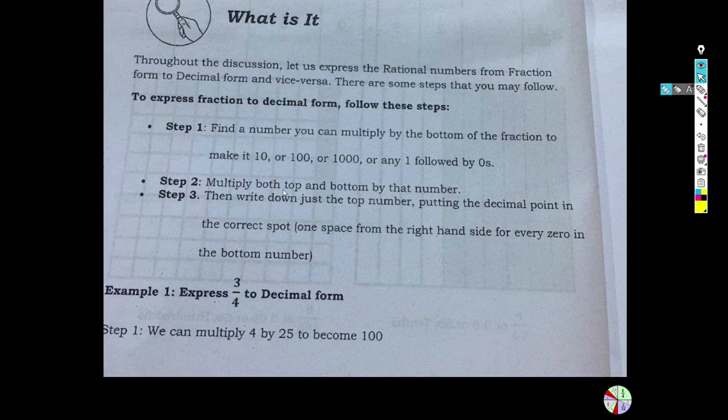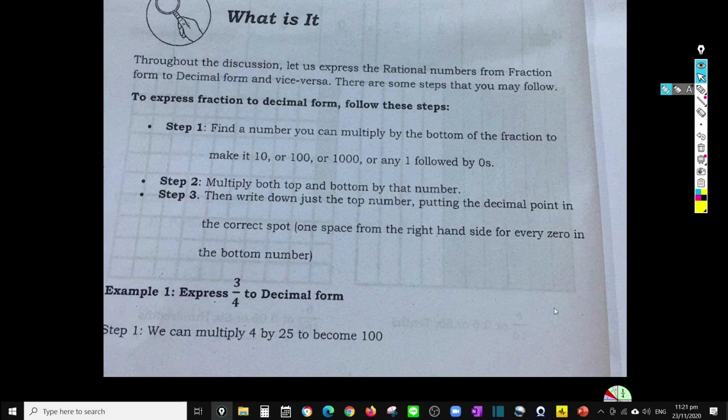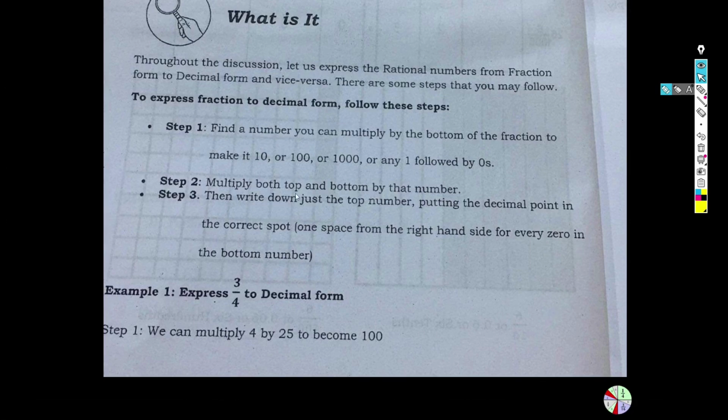Step 2, multiply both top and bottom by that number. And then write down just the top number, putting the decimal point in the correct spot, one space from the right-hand side for every zero in the bottom number, if it is 10, 100, or 1000, or 1 followed by zeros.